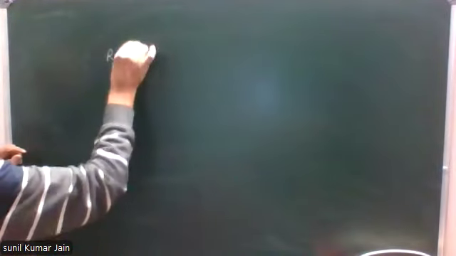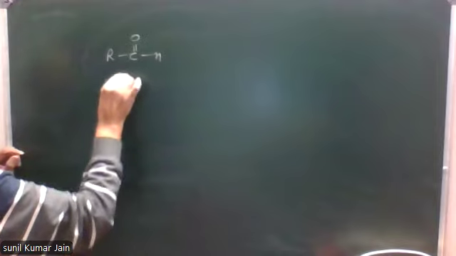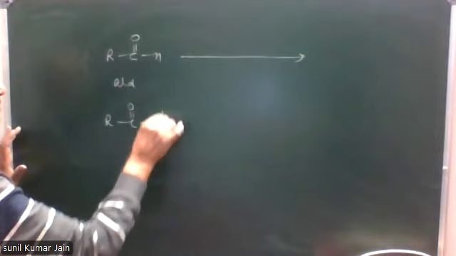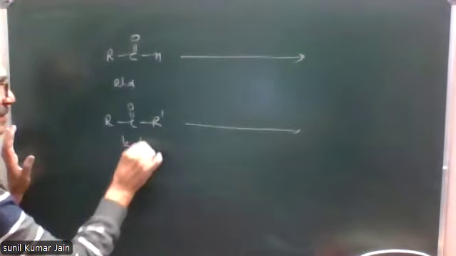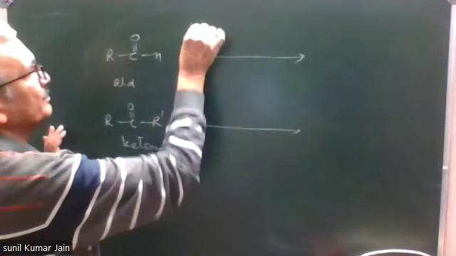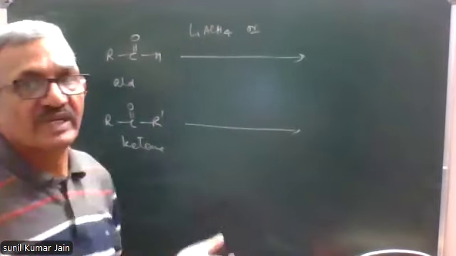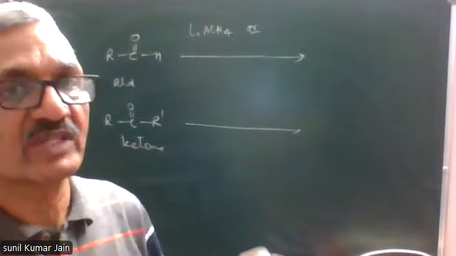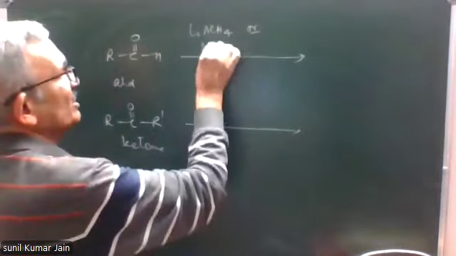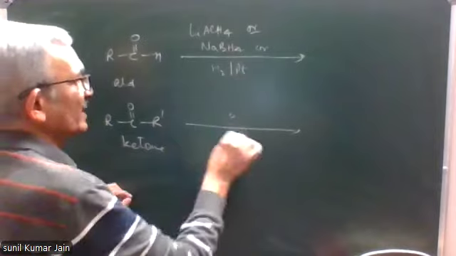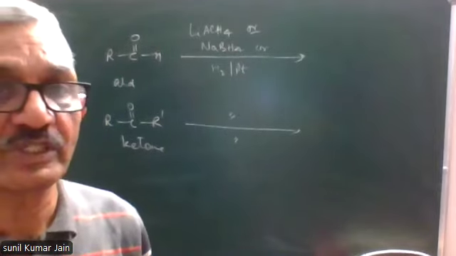Reduced to a secondary alcohol. There are two equations. For reduction, we can use lithium aluminum hydride. We can use sodium borohydride, NaBH4. Or we can use hydrogen in the presence of catalyst. Same reducing agent for ketones as well.